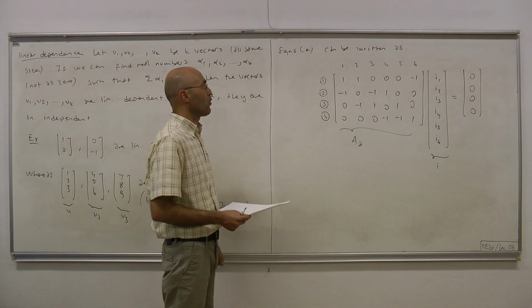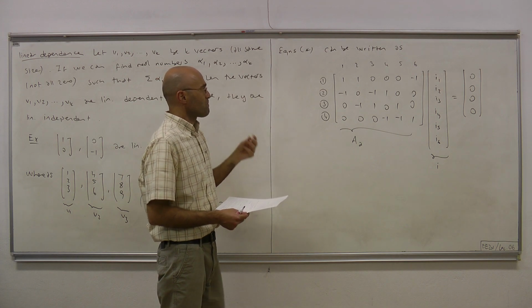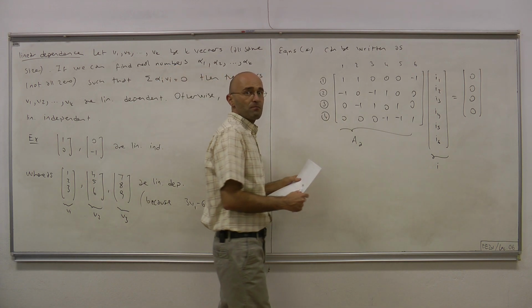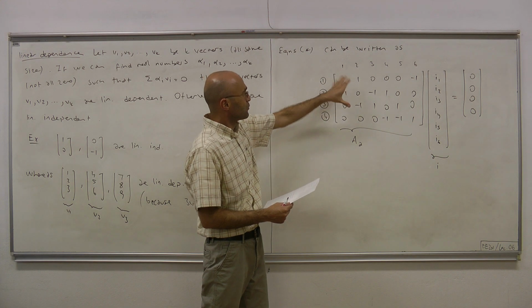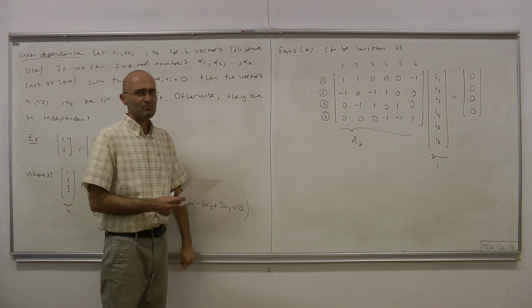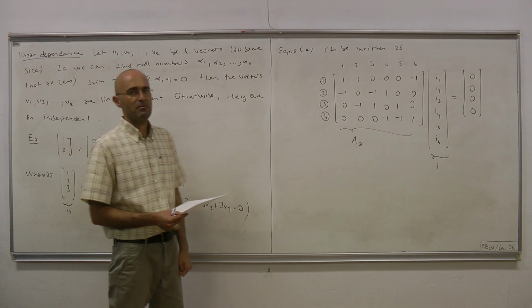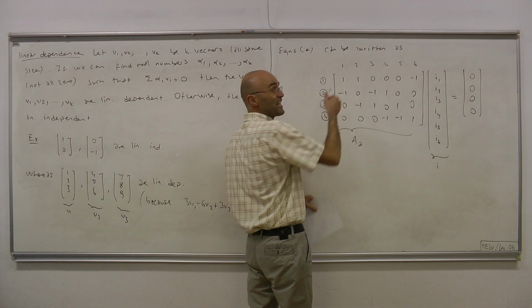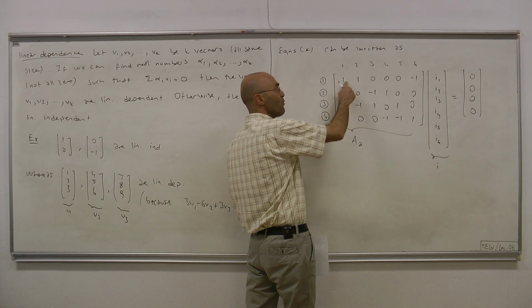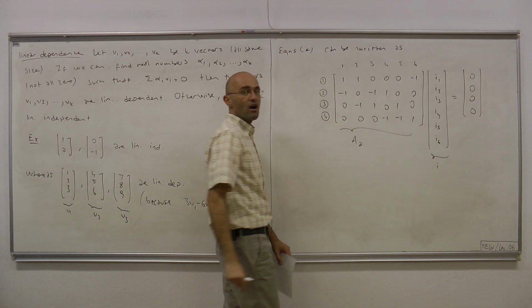Sticking to that convention made it obvious that the rows of the incidence matrix are linearly dependent. Why? Because there's exactly one plus 1 and one minus 1 at each column.